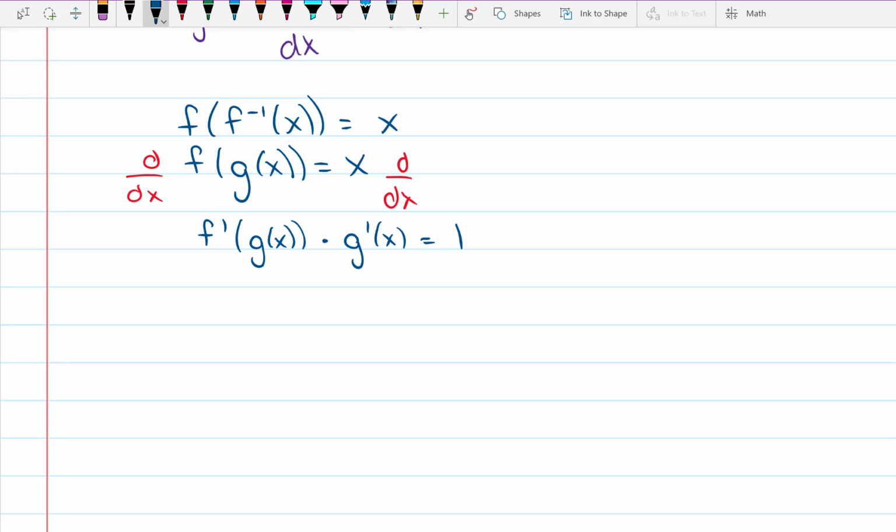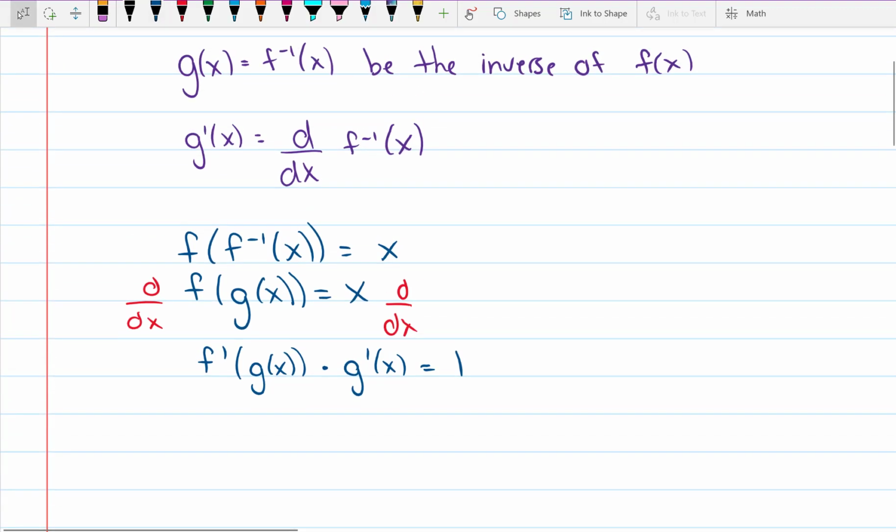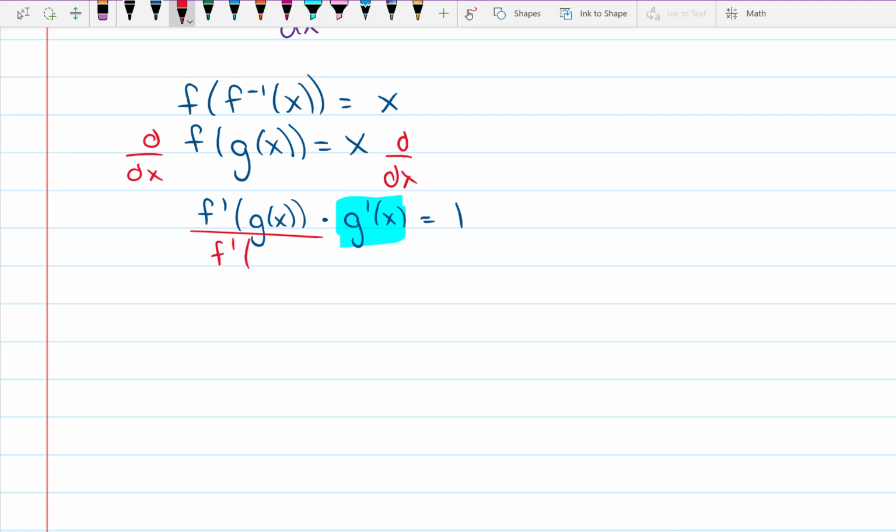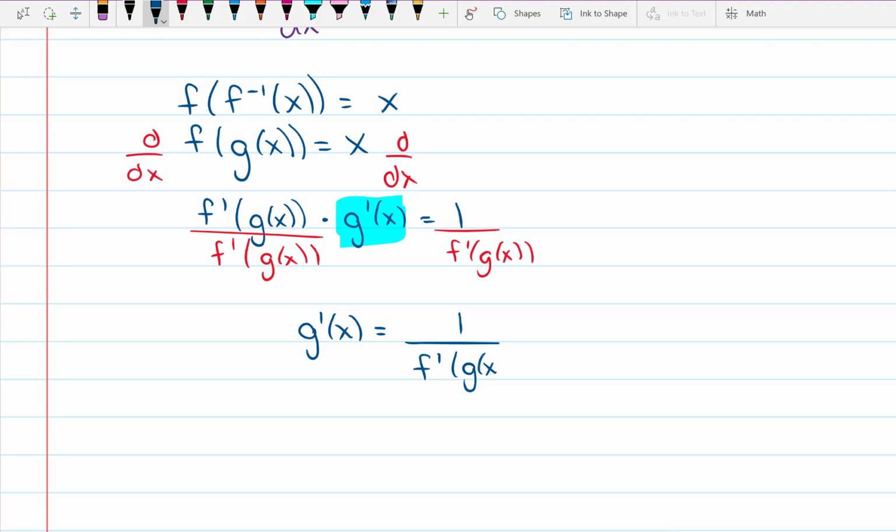So our goal here is to get f inverse of x all by itself. But not only f inverse, but the derivative of f inverse. And remember, we let f inverse equal g of x. So our real goal is to get g prime of x isolated. To do that, we're going to divide both sides by f prime of g of x. And we get g prime of x is equal to 1 over f prime of g of x.